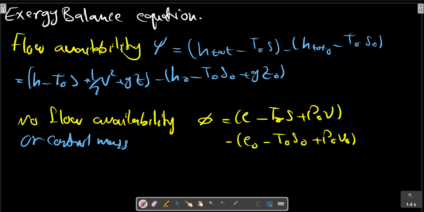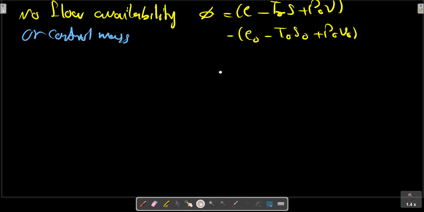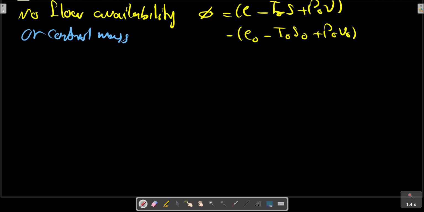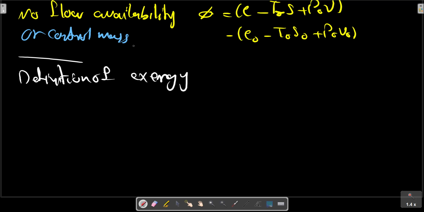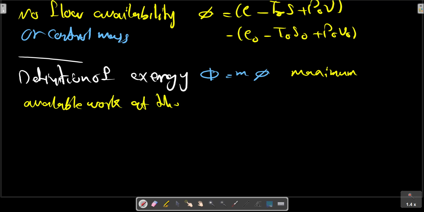In this analysis, we start with the definition of exergy, psi and phi, as the maximum available work at the given state of a mass.